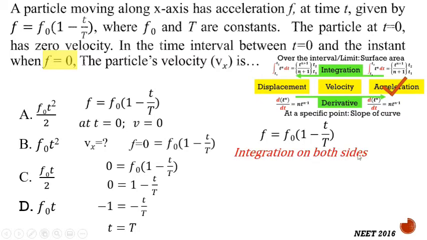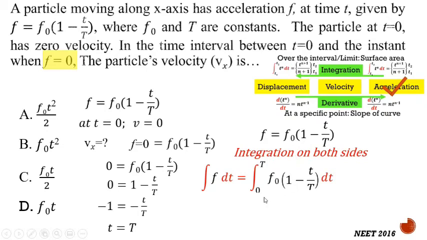Integration on both sides will give you the velocity. As we know that integration of acceleration dt is nothing but the velocity. So taking integration on both sides, and the limiting values are t varies from 0 to T. So this is the lower limit and upper limit is here. The expression for this is as it is.